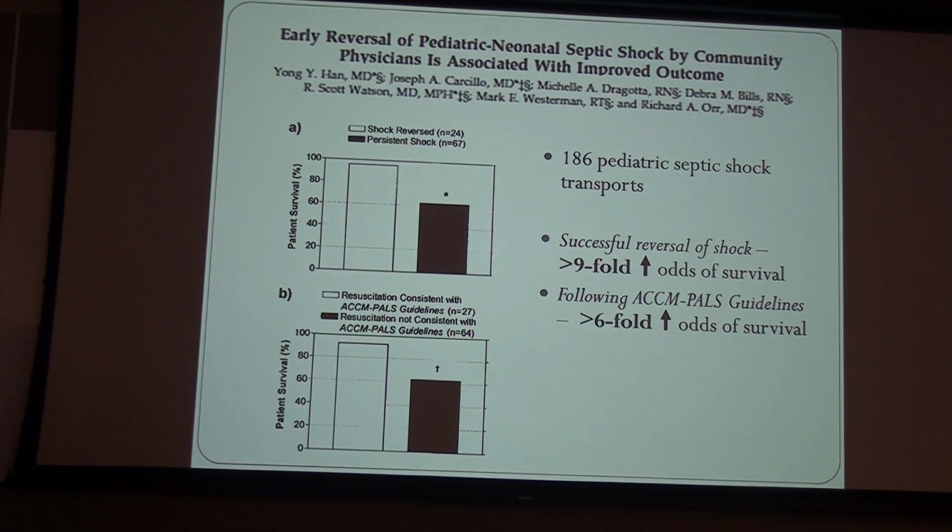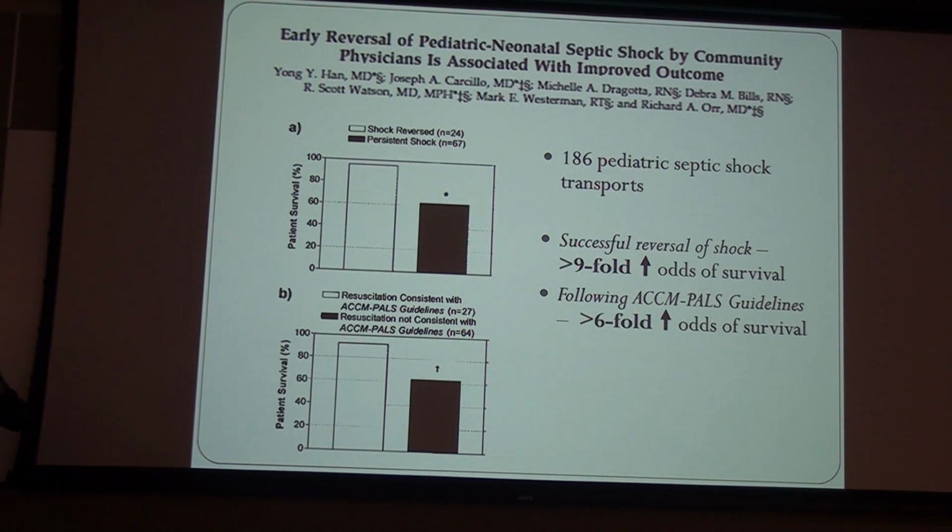And then we talk about some guidelines. It goes to show that following guidelines per se is less important than treating the septic shock. There's definitely a lot to be said about guidelines and how they can be helpful. But those children for whom the American College of Critical Care Medicine guidelines and PALS guidelines were followed had a 6-fold increased odds of survival, adjusted for their mortality risk up front.